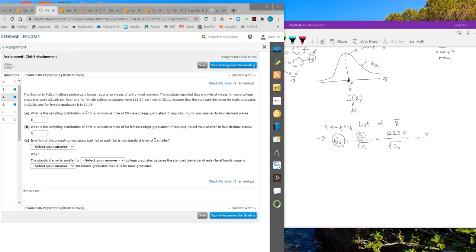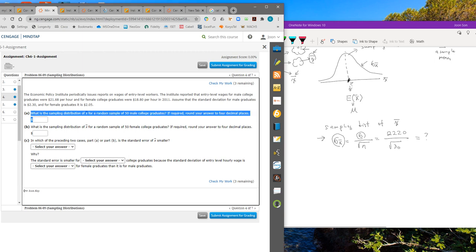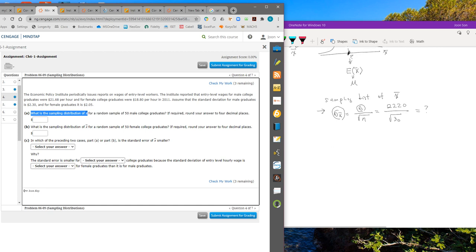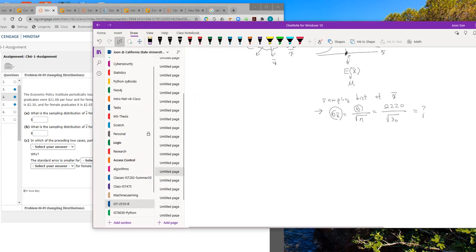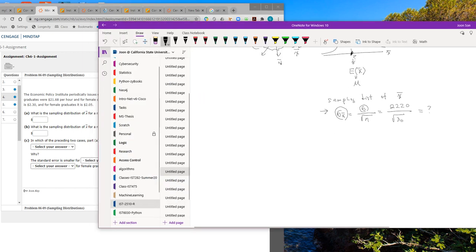Okay, so the next problem is similar. Basically, what is the sampling distribution of x bar? The same thing, for a random sample of 50 male college graduates. Again, we need to find sigma x bar, and we use the same equation, sigma over root n.